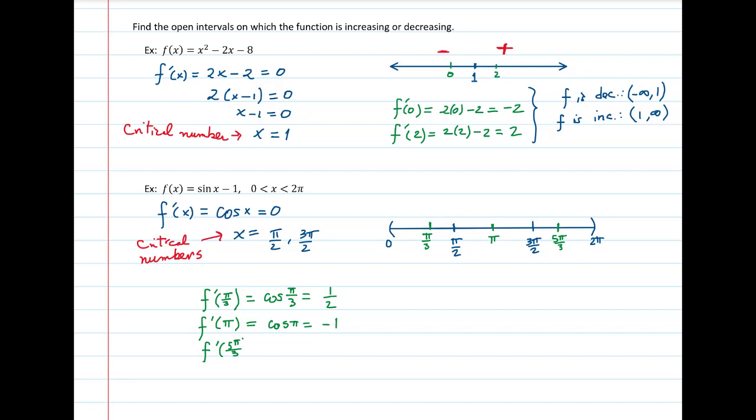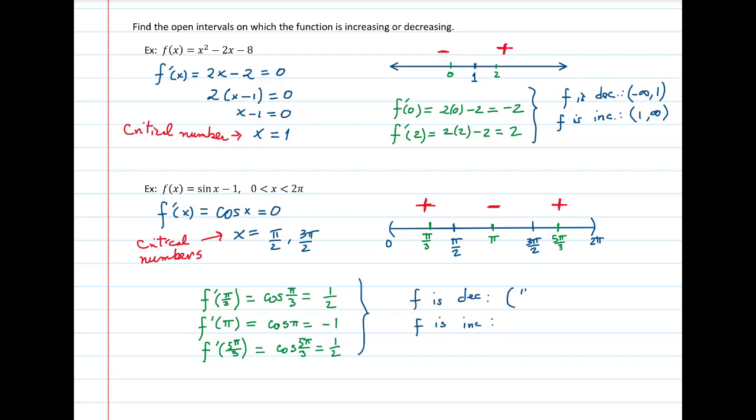And f prime of 5 pi over 3 is equal to cosine of 5 pi over 3, which equals 1/2, positive. Looking at the signs here, for the first interval I have the function increasing from 0 to pi halves. The second interval, the function is decreasing, and the third interval, the function is increasing again.